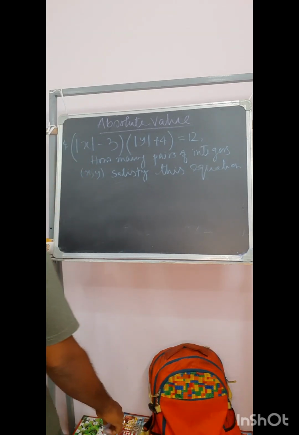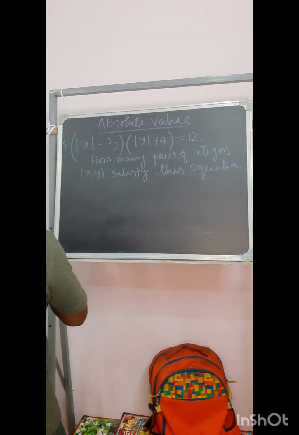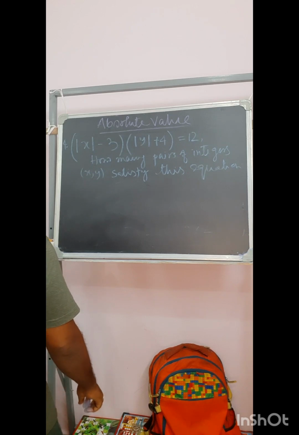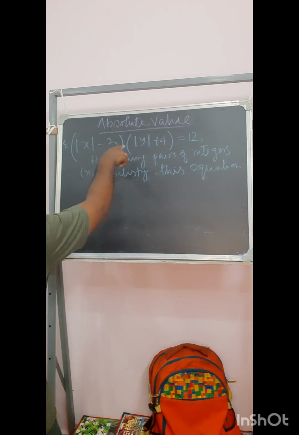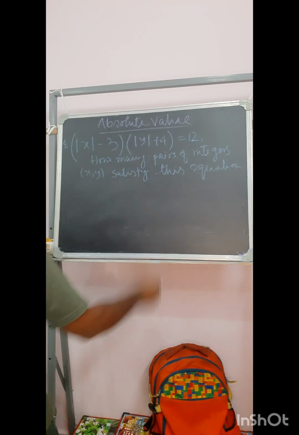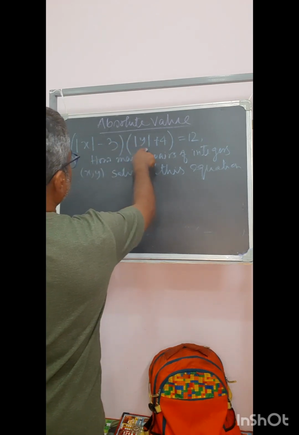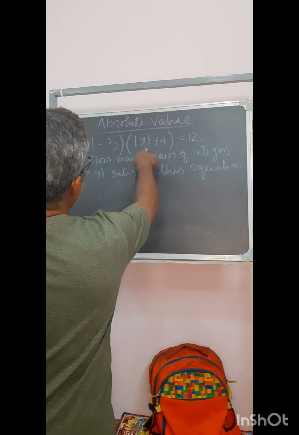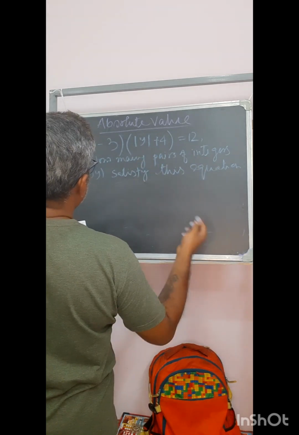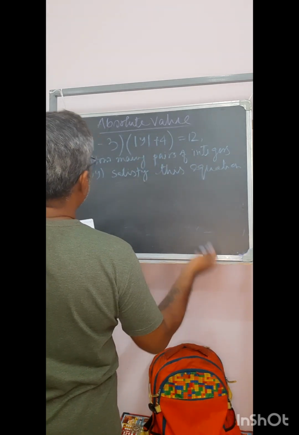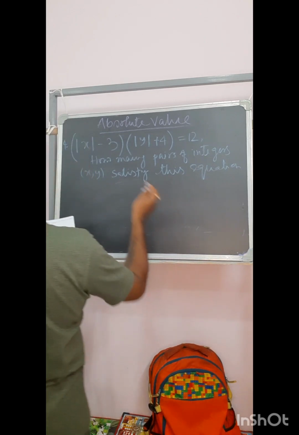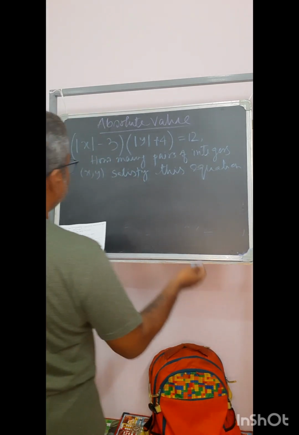It is a multiplication being given: x plus mod x minus 3 and mod y. So x and y, you can see these are two variables. They may or may not be dependent on each other, you never know.